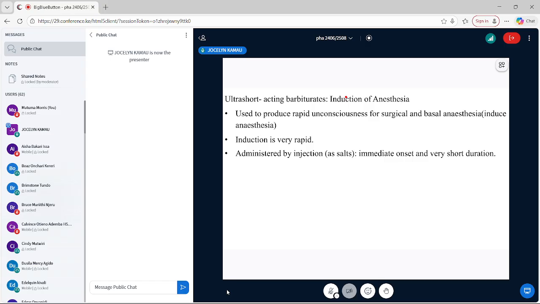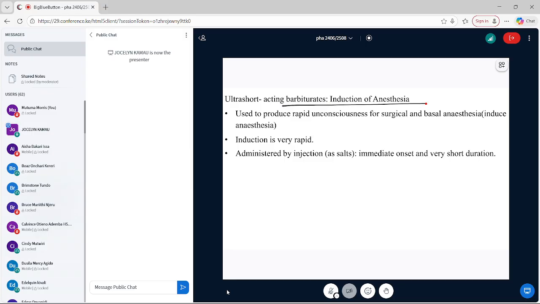For a barbiturate to be ultra short acting, it requires to have at position number 5, as we are going to discuss, between 7 and 9 carbon atoms. With very high lipid solubility, it will not sit at the receptor, it will be redistributed and therefore have a short duration of action. So when you talk about ultra short acting barbiturates, I'm only mentioning this for the benefit of those who have not done the other unit.